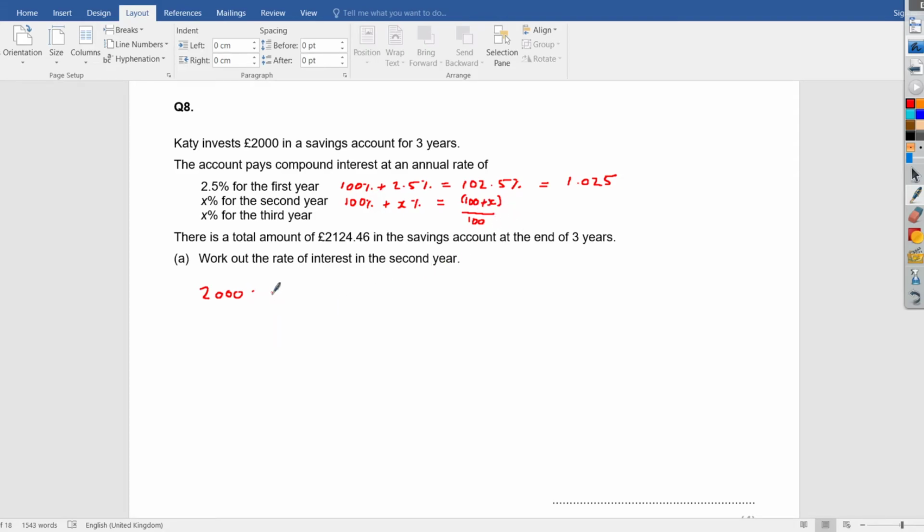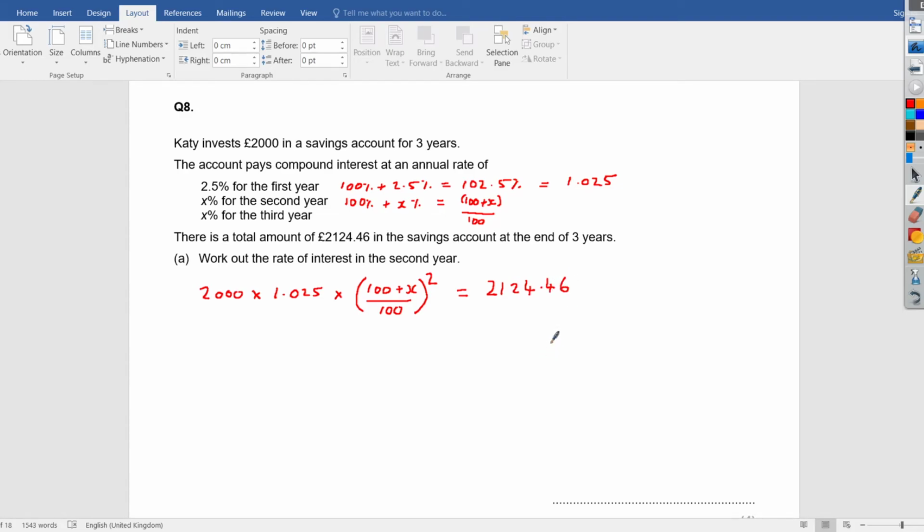So first, multiply 2000 by 1.025, then multiply by (100 plus x) over 100, and because it's the same for the second and third year, we can put squared there. That amount is going to equal 2124.46.